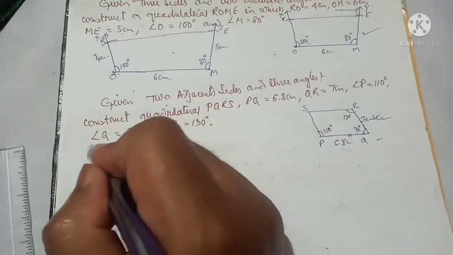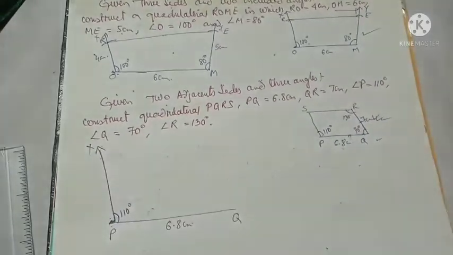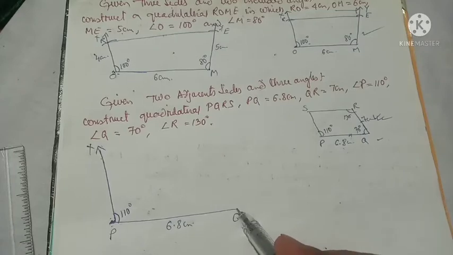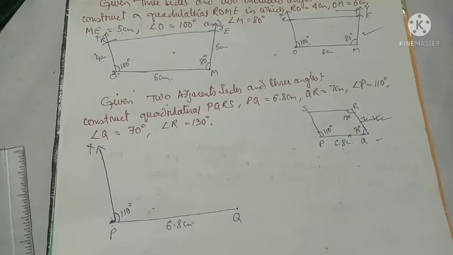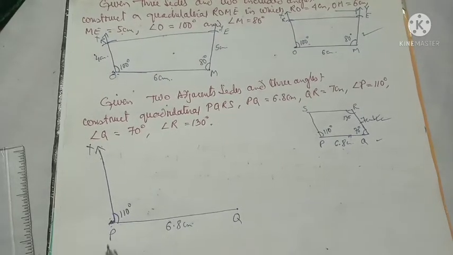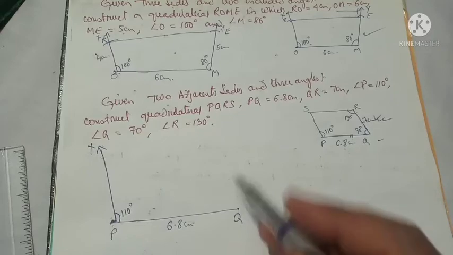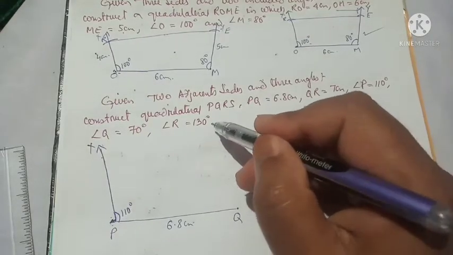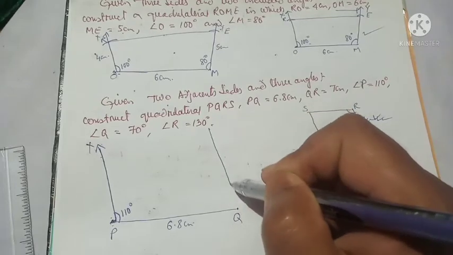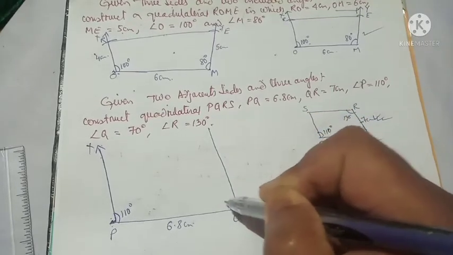This one is X, PX is a ray. And again at the point Q, we need to draw one angle, that is 70 degree. By using the protractor we can draw the angle PQY. We need to draw one angle here again, that is 70 degree.